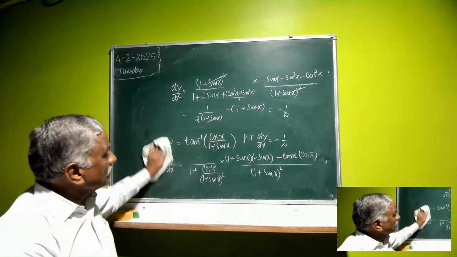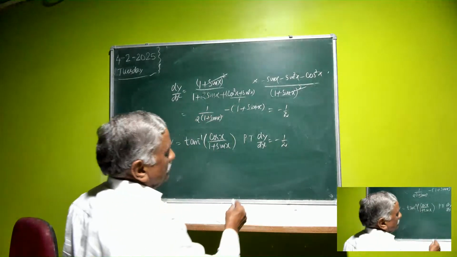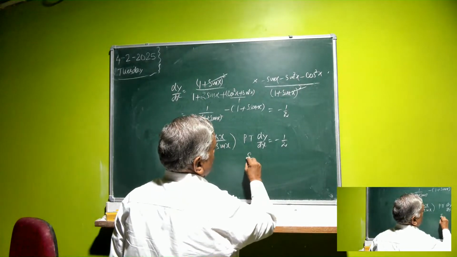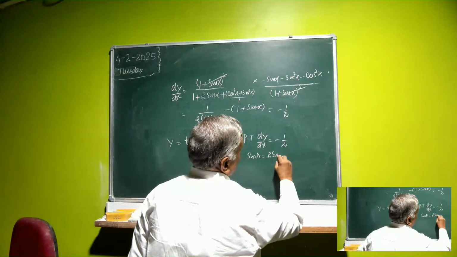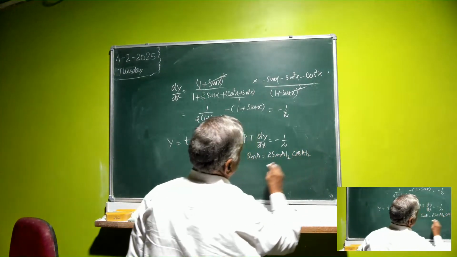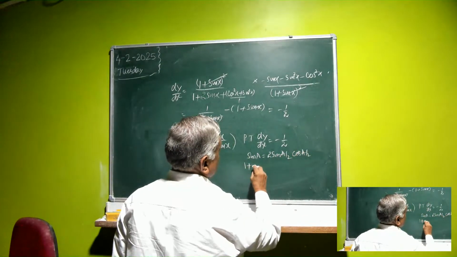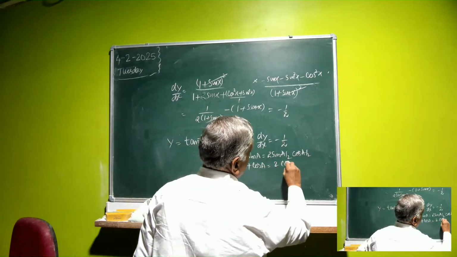But I want to teach you another method, a simple method for this. You know this formula: sin A is 2 sin A by 2 cos A by 2, and 1 plus cos A is 2 cos square A by 2.